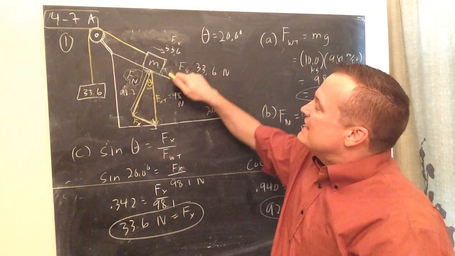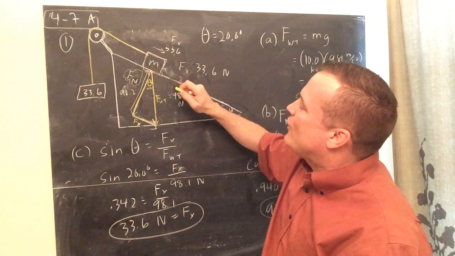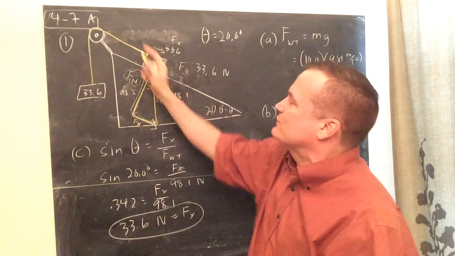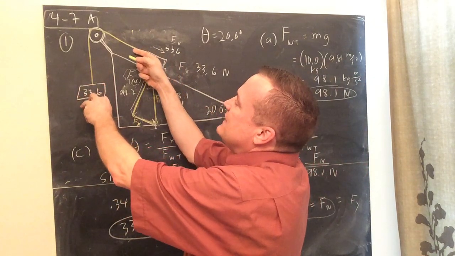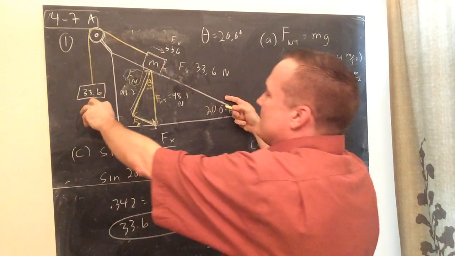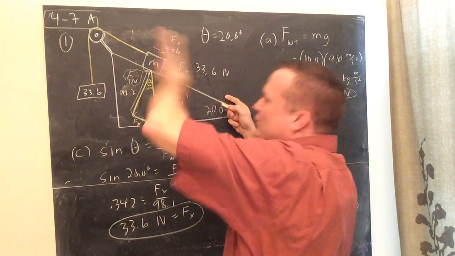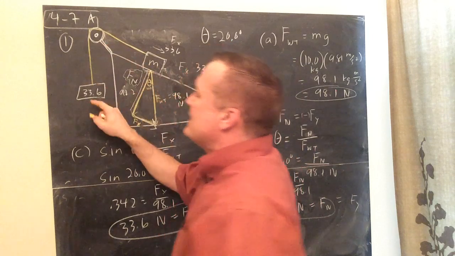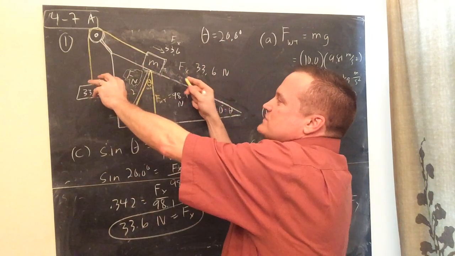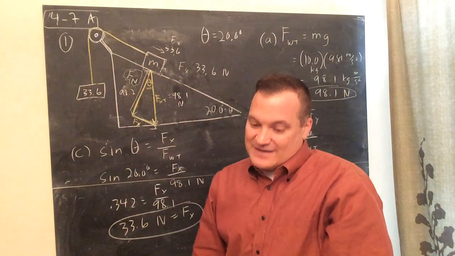Well, here's the deal. If it's all at rest, and I push it real hard, it will start to move, and it will move at a constant speed all the way to the top. So I could be at the bottom, and I could just give a big push, get that thing moving, and then it will move at a constant speed all the way up, because this 33.6 force is constantly applying to it. Kind of a neat thing.